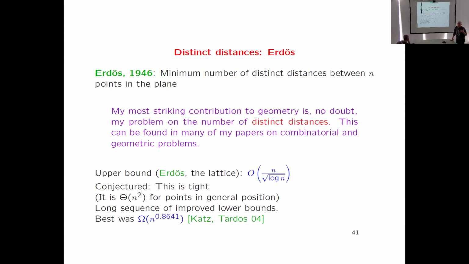Now, before this earthquake revolution, whatever you want to call it, people worked on it and obtained bounds that steadily went up. The best that they could achieve was this funny-looking exponent. Katz is the same Katz from the Guth-Katz duo, by the way. But again, that was not what people wanted.